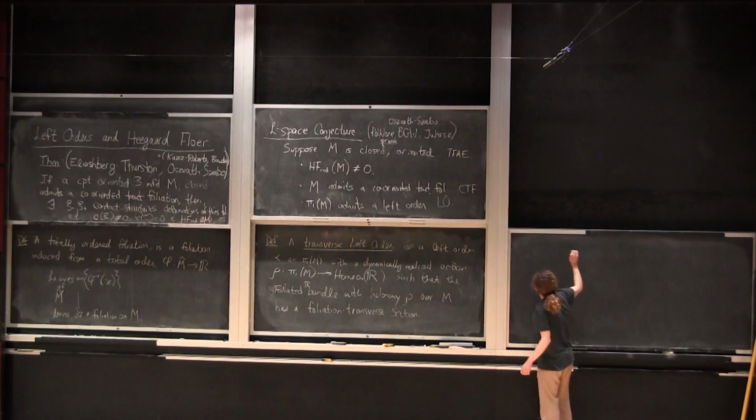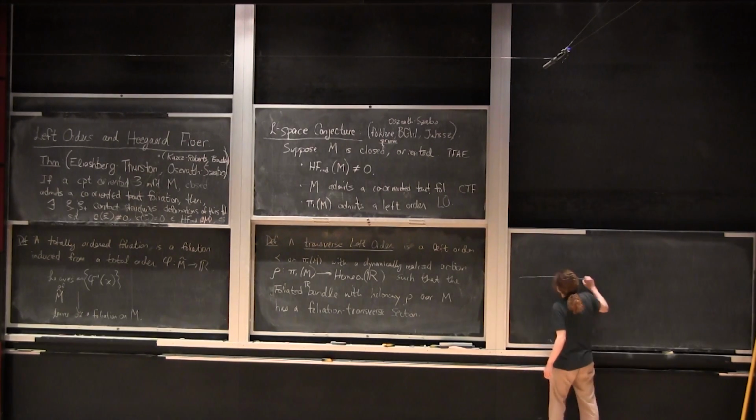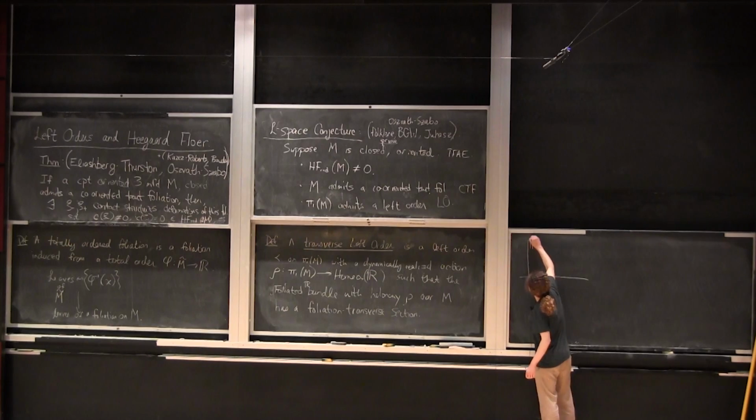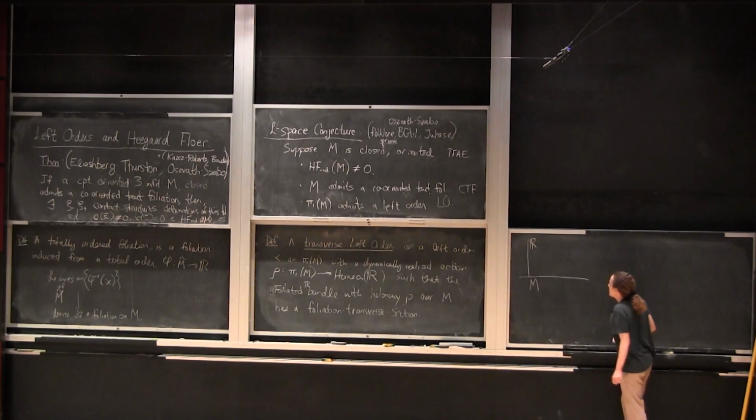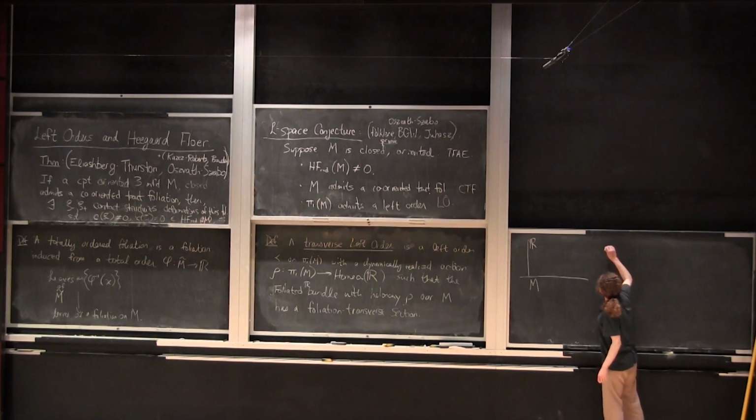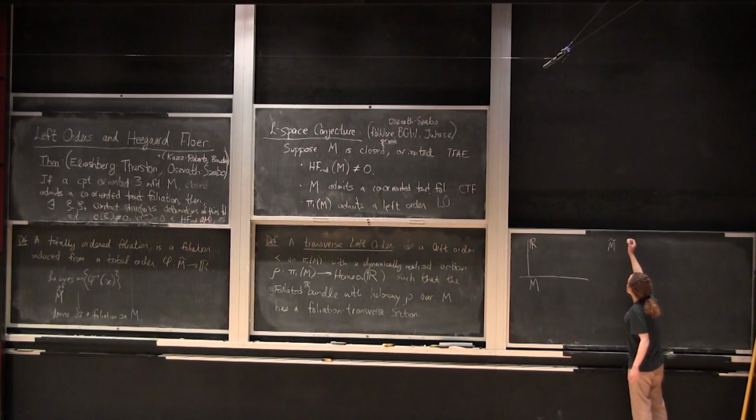So I've got some R bundle over my manifold M, and I can create this foliated bundle by starting with the universal cover of M. Let's just call it hyperbolic, so that it's say R3.